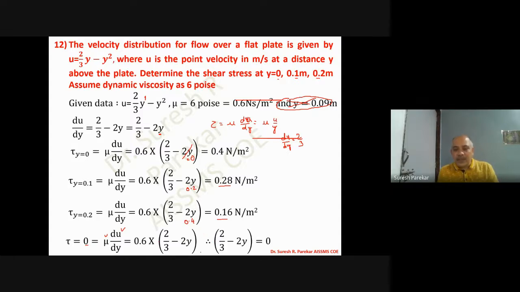Then from this, these two get cancelled, and we get y as 1 by 3, that is 0.33. So that is the point where my shear stress becomes 0. That is also considered in this problem.